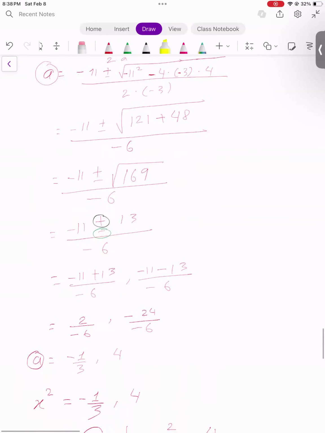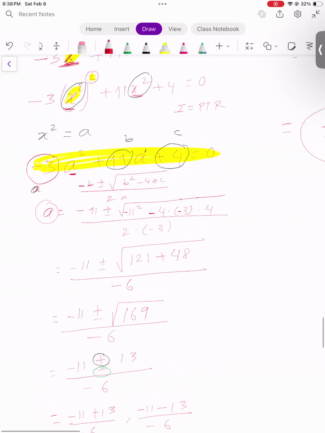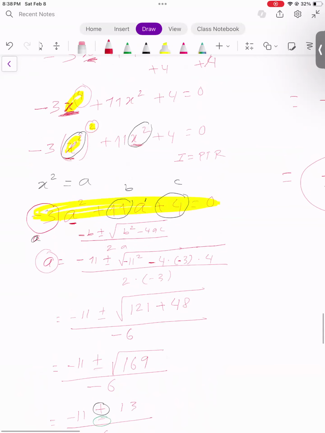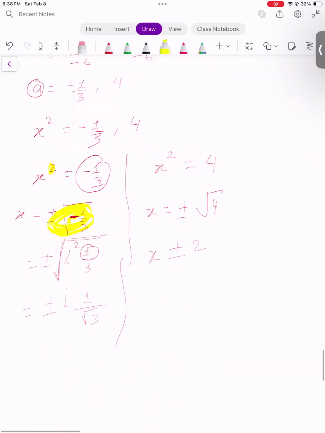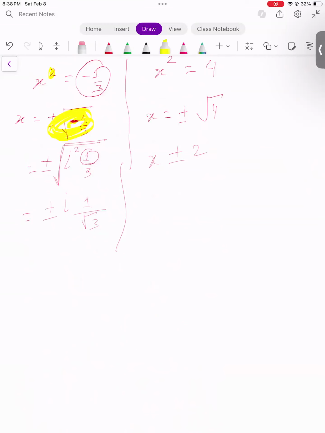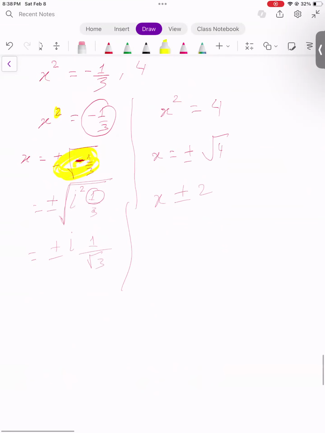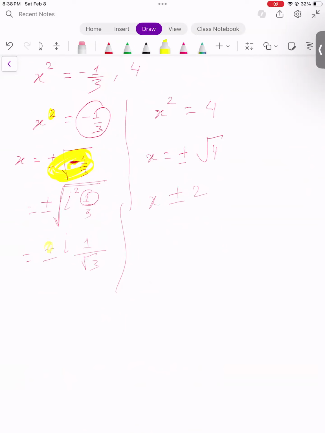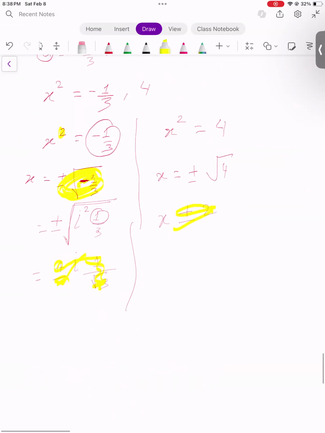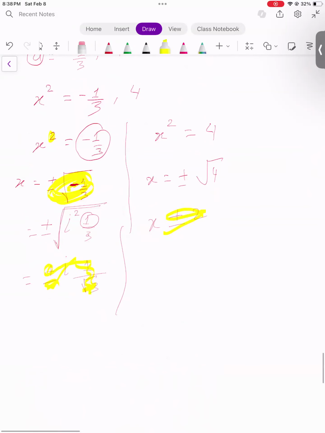The degree is 4 here, the highest exponent is 4, so we have 4 solutions. The degree gives us the number of solutions that we're going to get. So we have positive i over root 3, negative i over root 3, positive 2, negative 2. These are the 4 solutions, but we are asked to find only real solutions, and these two numbers are the only real solutions. Okay, this is number 44.